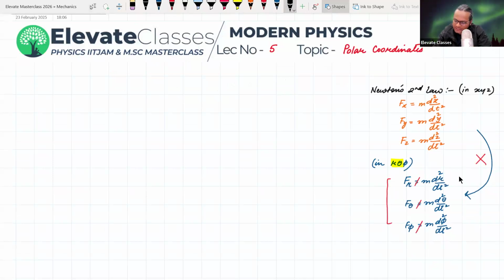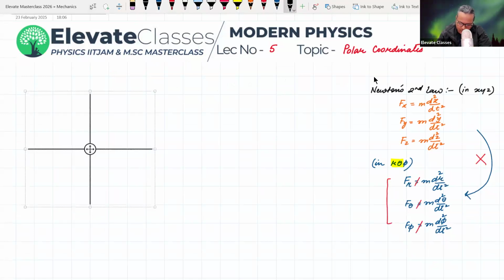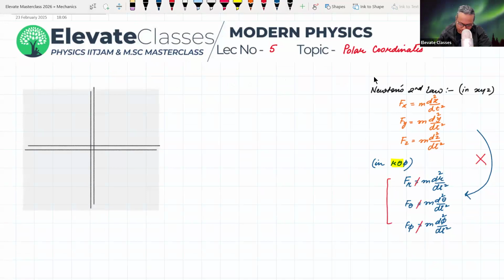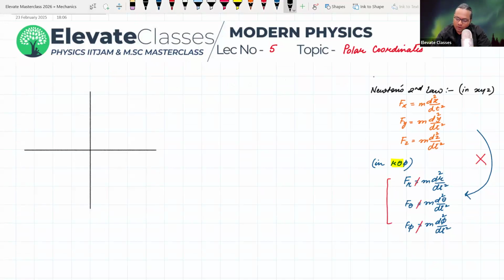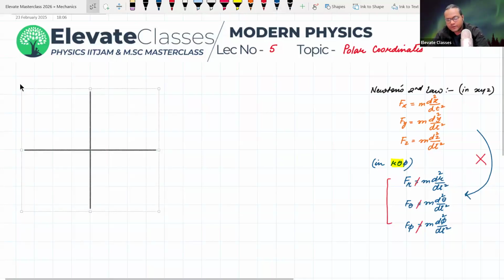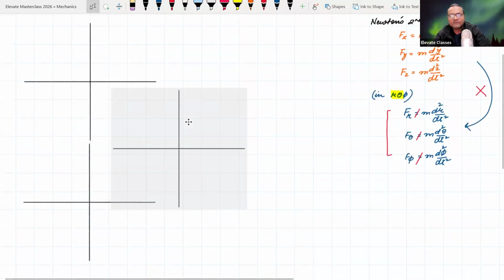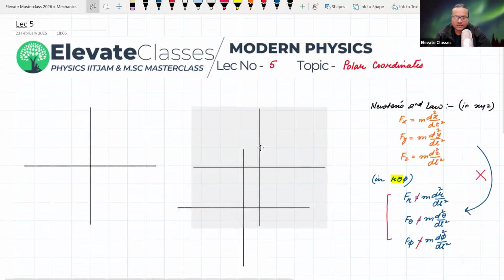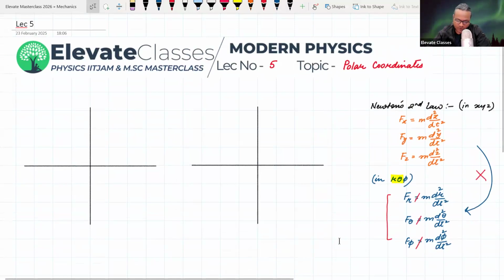If we are interested in, let's suppose, a 2D motion, we are talking about a geometrical construct. There's nothing wrong with that geometrical construct. But there are peculiarities involved in every geometrical construct, and we must understand the distinction. So let us look at the comparison between the XY coordinate system versus a polar coordinate system.